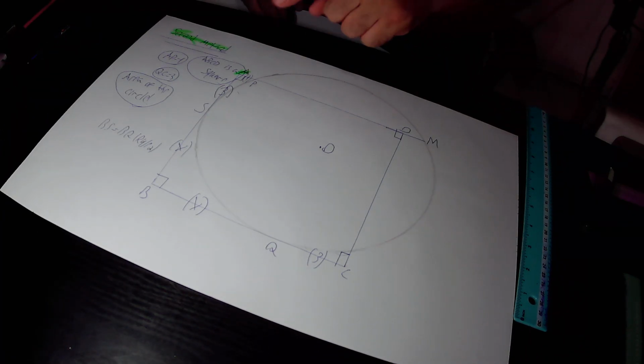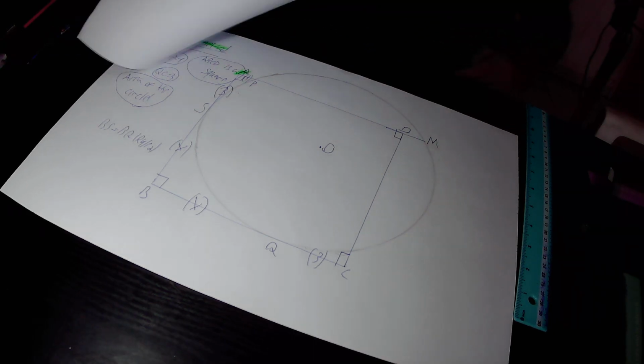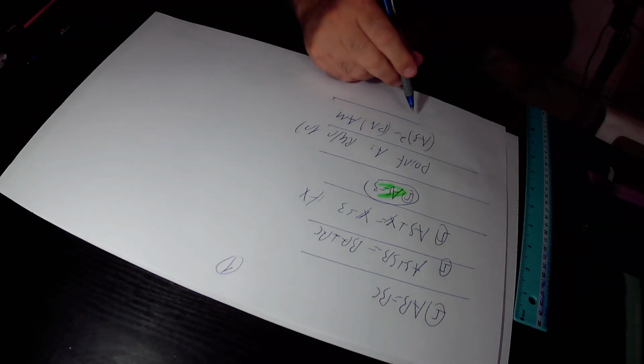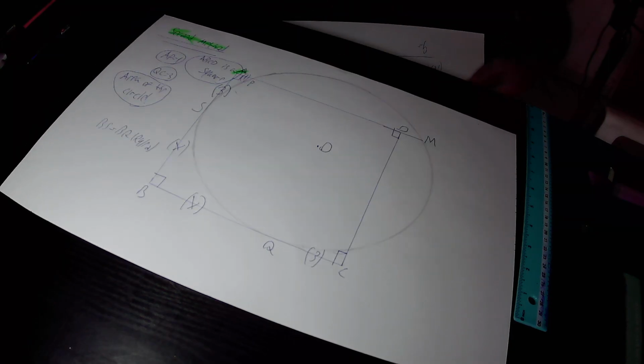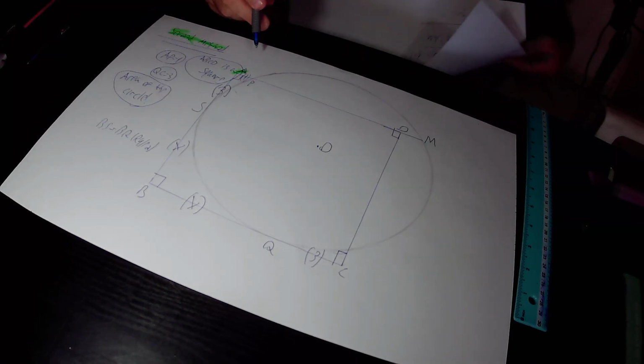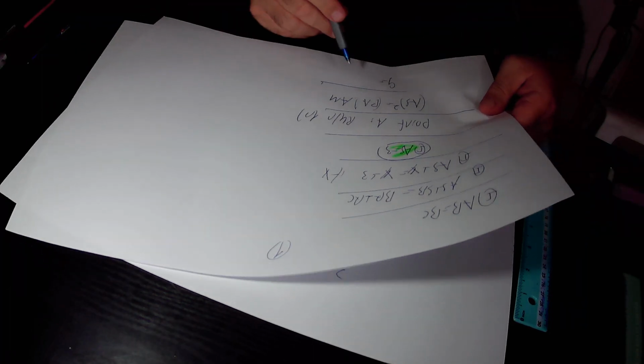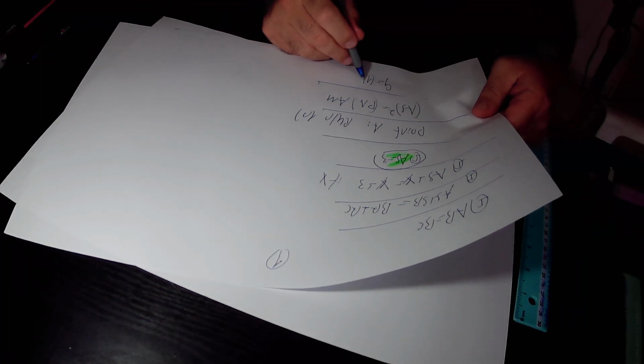AS is 3, therefore AS square is 3 squared, that is 9. So 9 equals PA, which is 1, times AM.